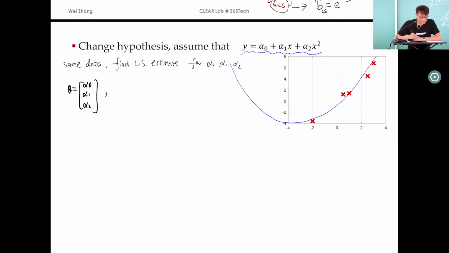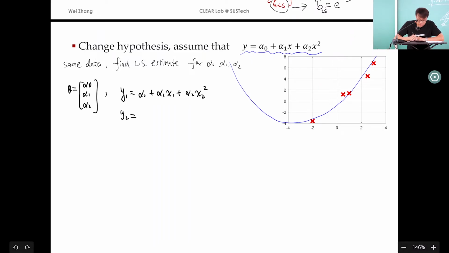Let's list the measurement equations, right? So we have y, how many measurements? 5, right? y1 should equal, according to this equation, alpha 0 plus alpha 1 x1 plus alpha 2 x1 squared. If my model is correct, that's the relation.